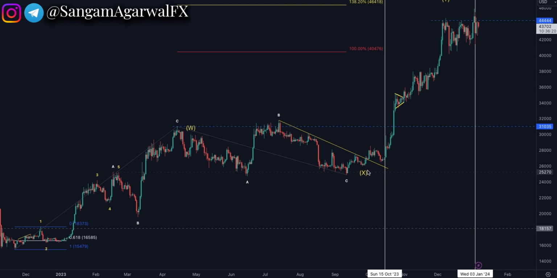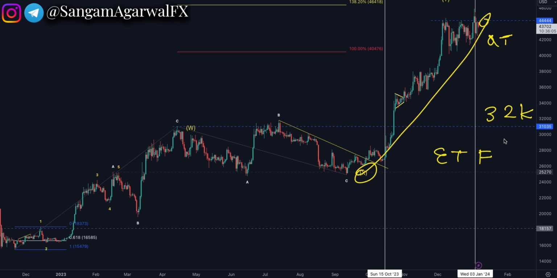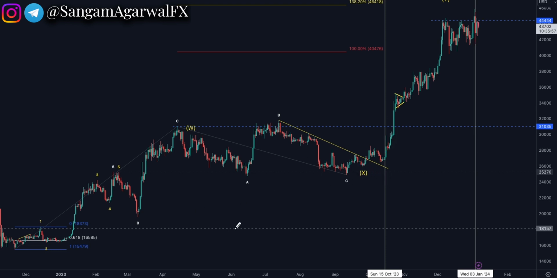If I am right, and this bullish trend is completely based on Fed QT, then on official announcement, it will go down and can make a correction back to 32k. And that ETF news is just propaganda and nothing else. When their magic of crypto exchanges like FTX was not working, then they found a new magical thing called ETF.